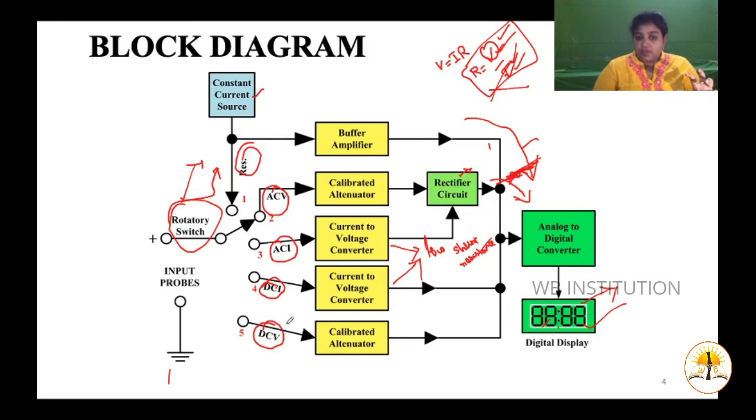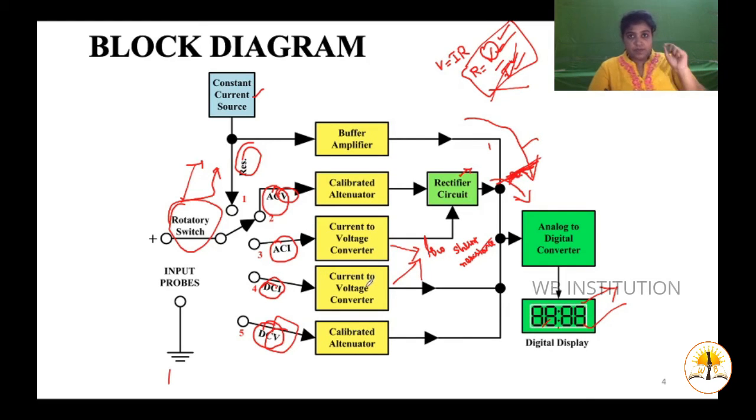And the final thing, that is your voltage, it is given to your calibrated attenuator. See, in total, for the voltage, both for AC and DC, it is fed into a calibrated attenuator, and for current we have to pass it through your low shunt resistance.